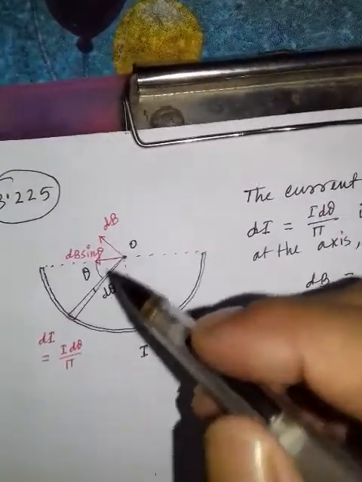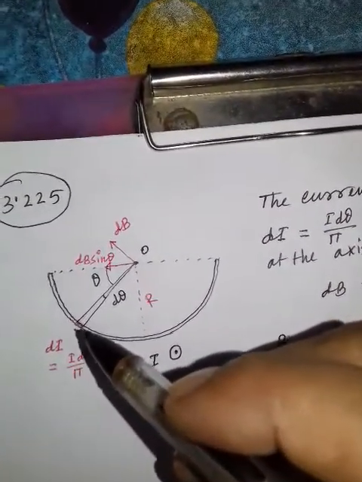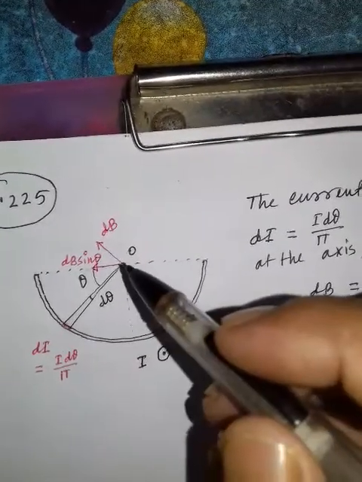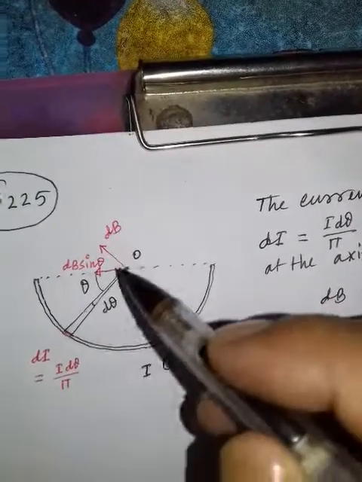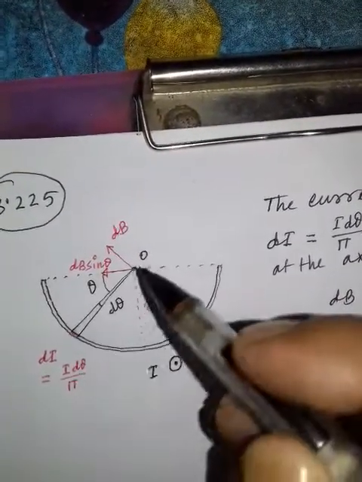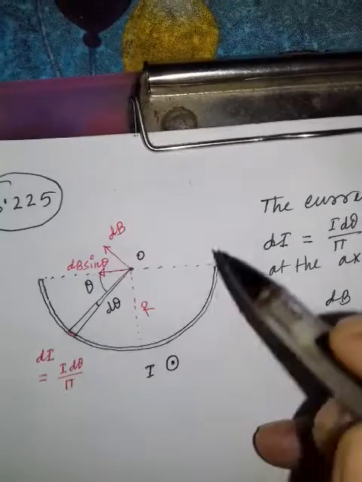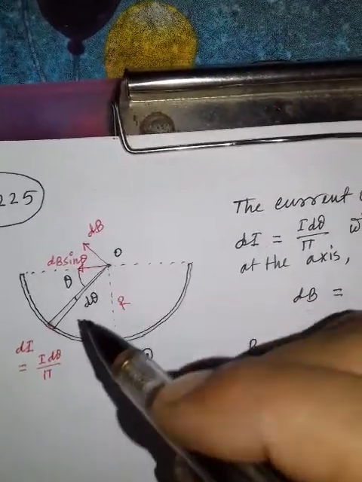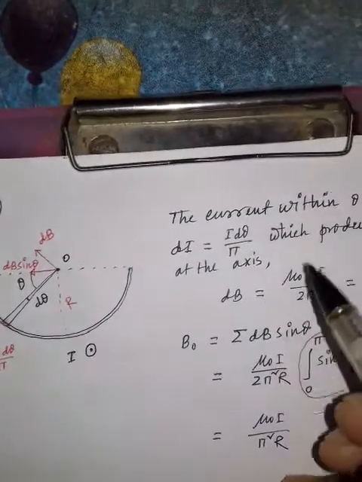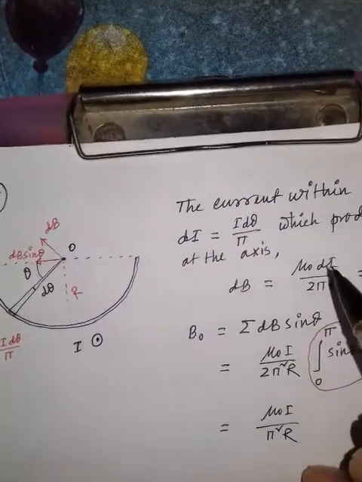Look at this figure carefully. This elementary strip will produce a magnetic field dB along this direction. This dB is perpendicular to this length, which is r, the radius of this cross section, and this dB must be equal to mu naught dI by 2 pi r. We know it.